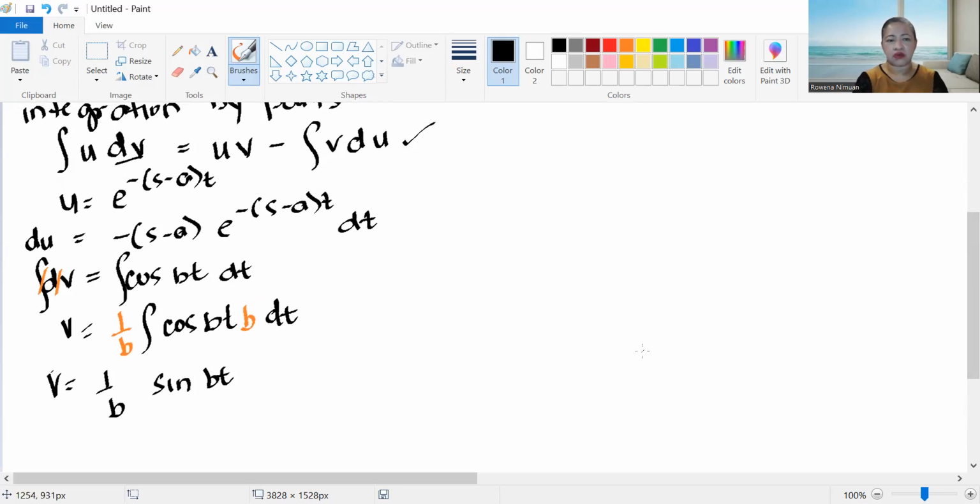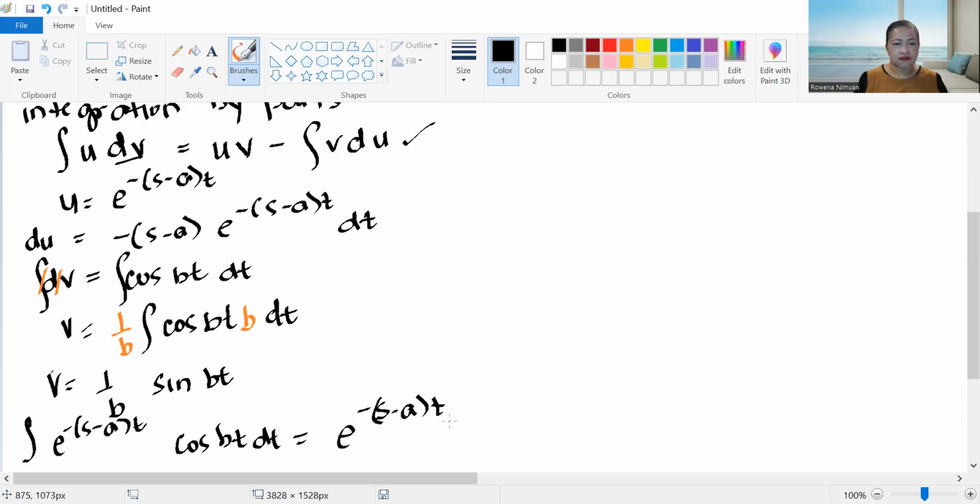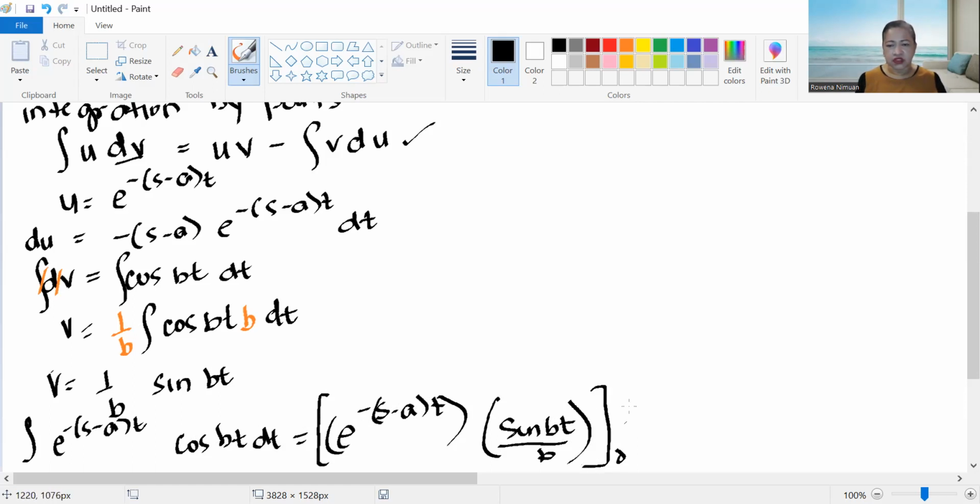We have u and v, so the integral of e to the negative s minus a t cosine of bt dt will be equal to u times v, where u is e to the negative s minus a t and v is sine of bt over b, evaluated from 0 to infinity.